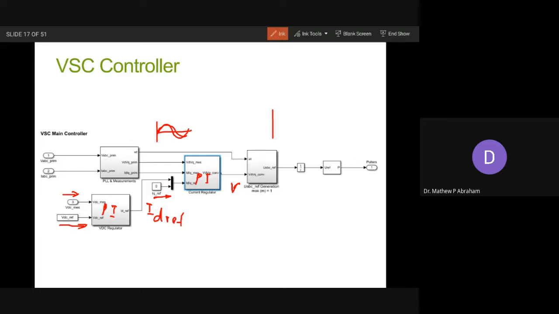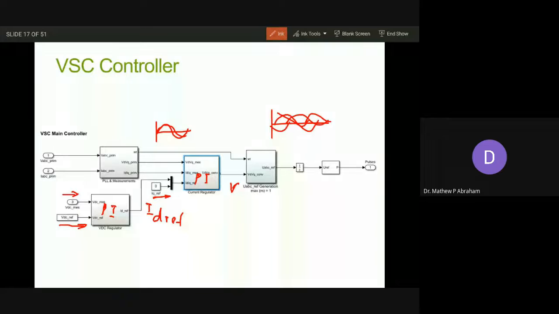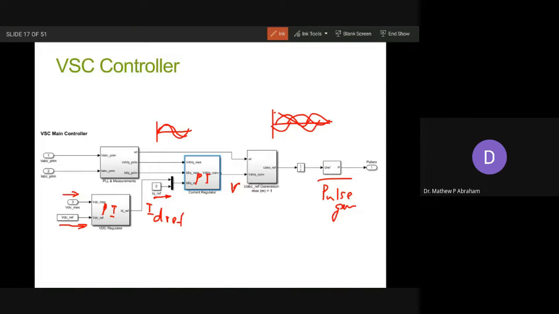So this block will be creating 3 reference voltages, 120-degree phase shifted, and those reference voltages are given to a pulse generator, a 3-phase pulse generator circuit already available in MATLAB.